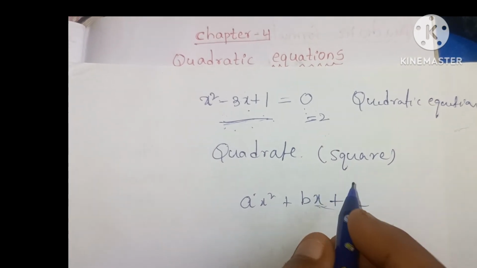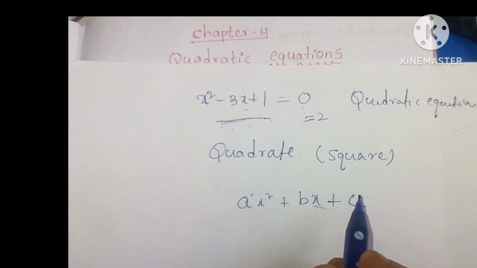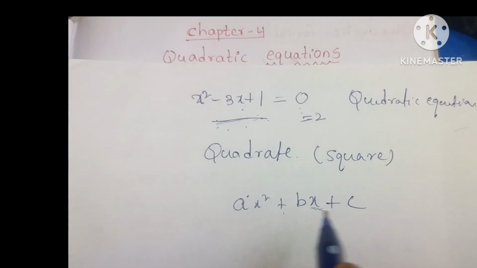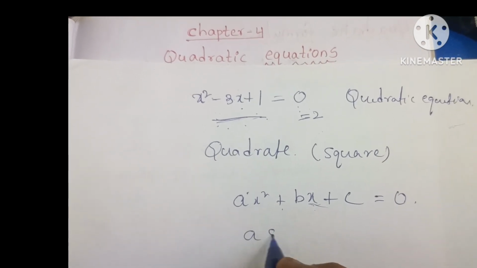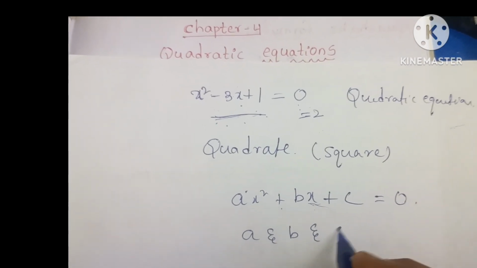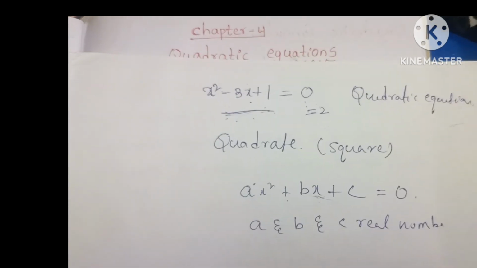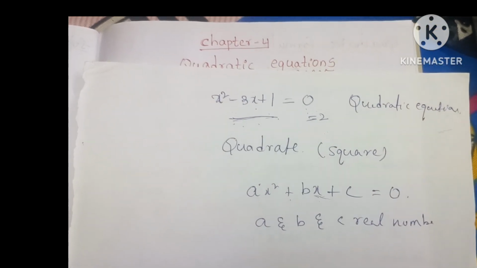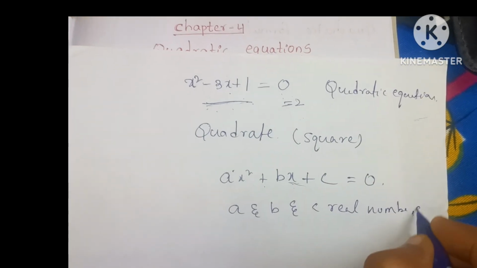For the standard form, the quadratic polynomial becomes a quadratic equation: ax square plus bx plus c equals 0, where a, b and c are real numbers and a not equal to 0.